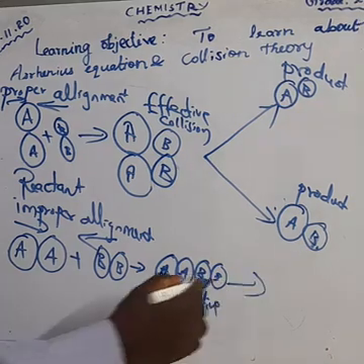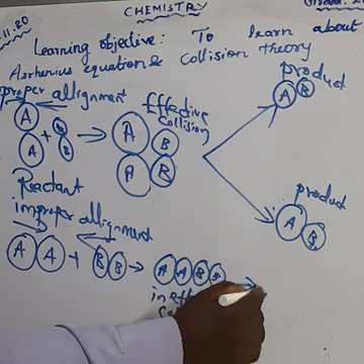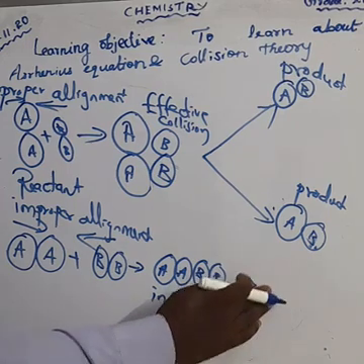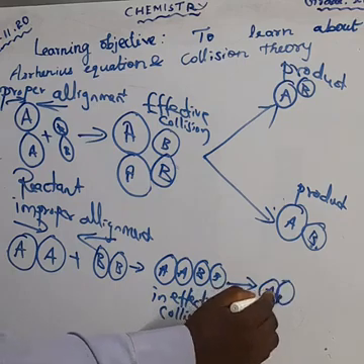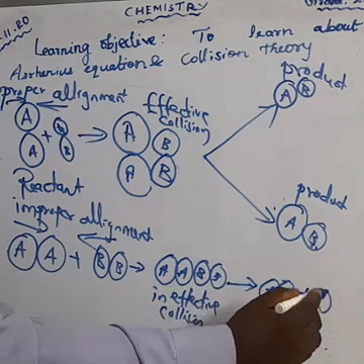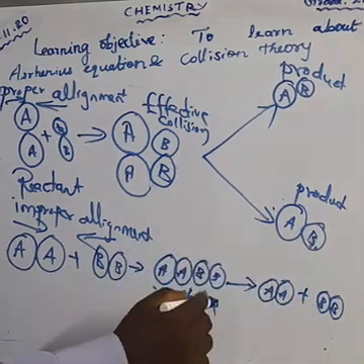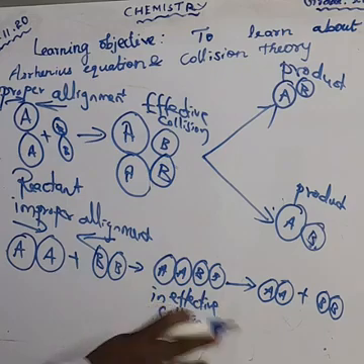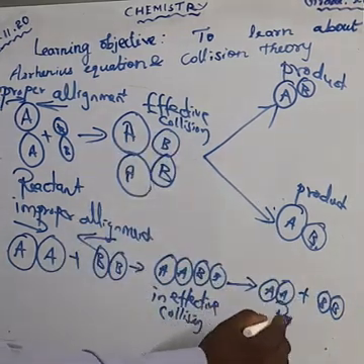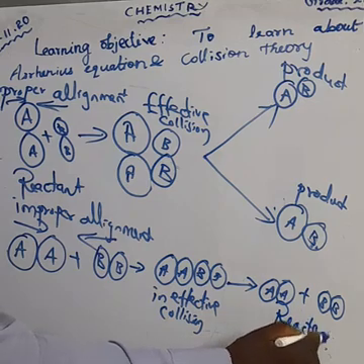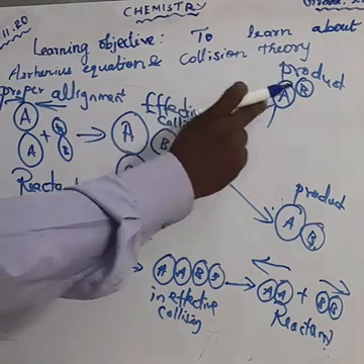That is here AA like that, A plus B. Again, this is not a product. Is it product? No, it is only reactant. This is not a product. Product means AB.